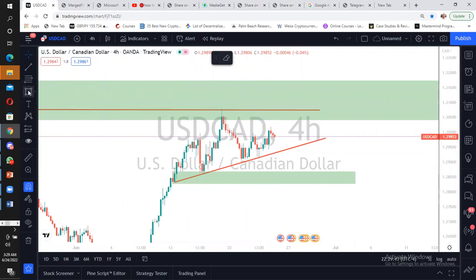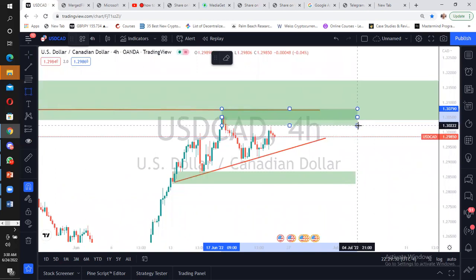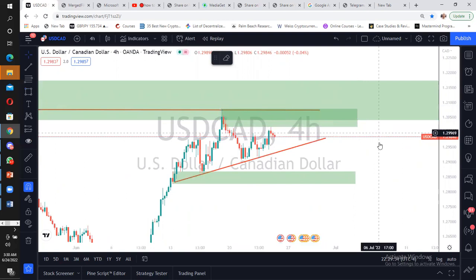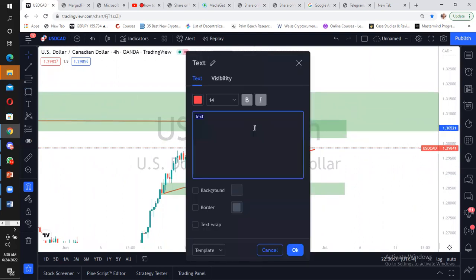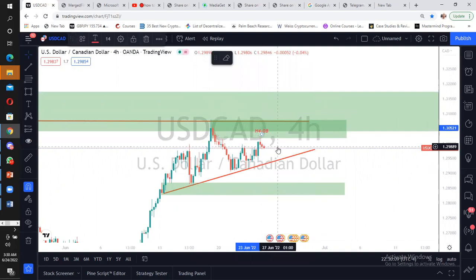We'll have this other block. So this other block, this is an H4 OB. Then we'll have trend line liquidity.